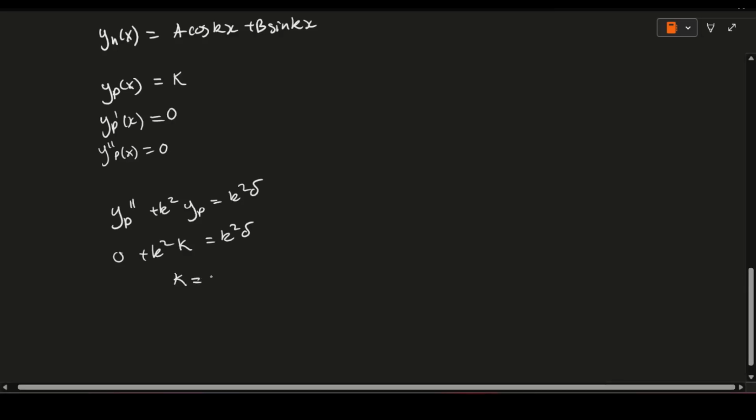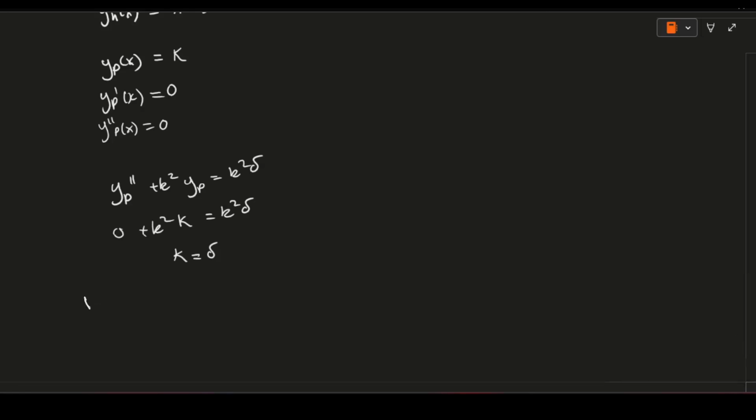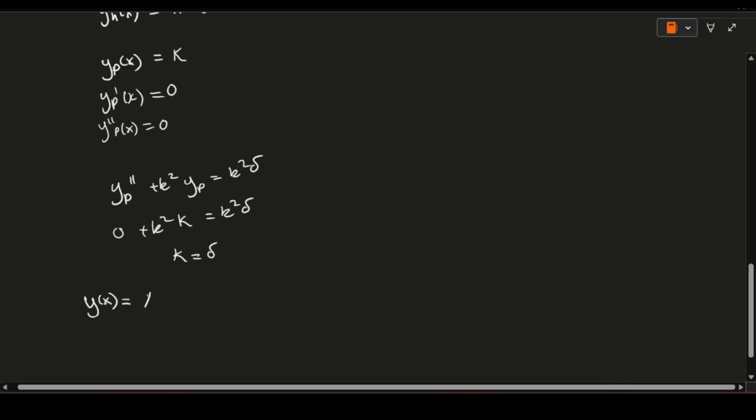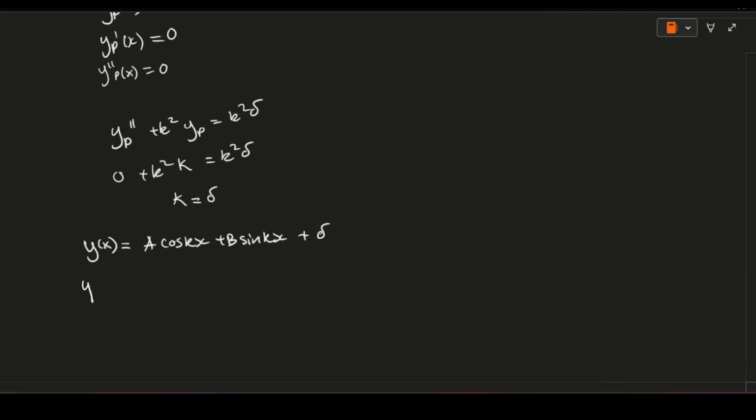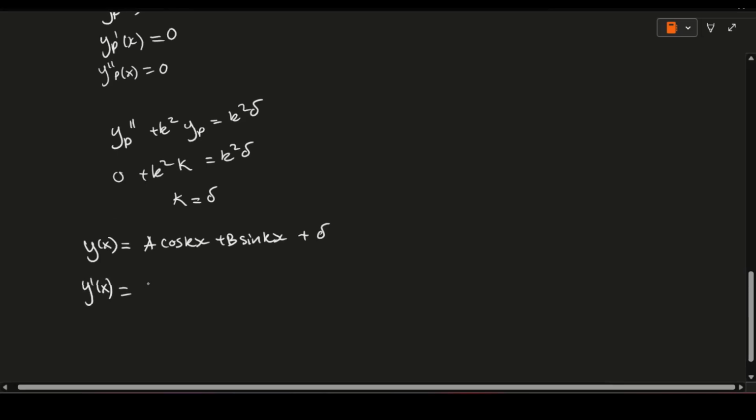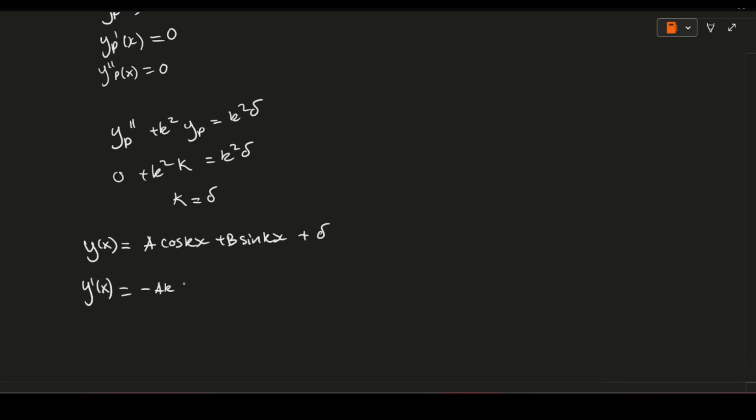So K is therefore equal to delta. So the general solution, y of x, is therefore equal to A cosine kx plus B sine kx plus delta. Take the first derivative of this, we get minus A k sine kx plus B k cosine kx.